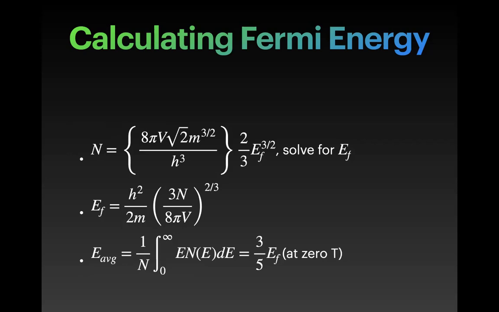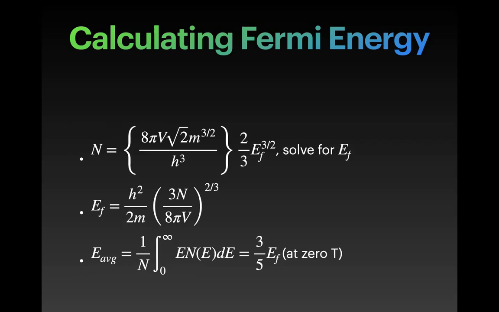We can use that Fermi energy now and calculate the average energy, which is just the expectation value of the energy divided by the total number. I wrote it down as from 0 to infinity, but at zero temperature we would just integrate from 0 to E Fermi. That's again a fairly straightforward integral, other than making sure you collect all your terms and constants.